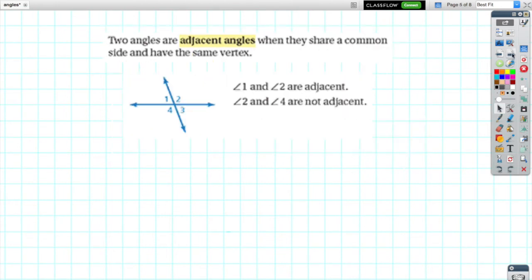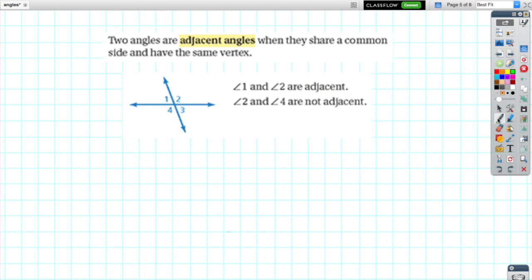Now, one other thing, and this is again just vocabulary. We also have something called adjacent angles. So two angles are adjacent angles when they share a common side and have the same vertex. In other words, adjacent is a fancy way to say they're next to each other.